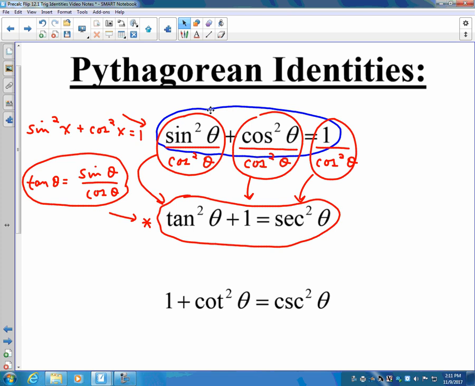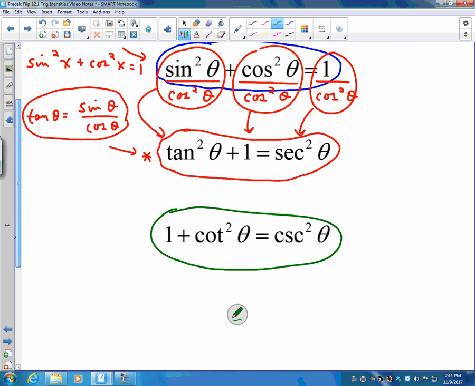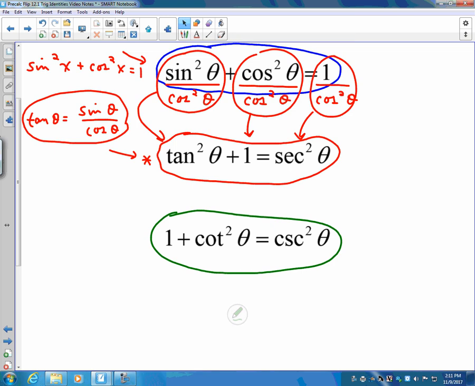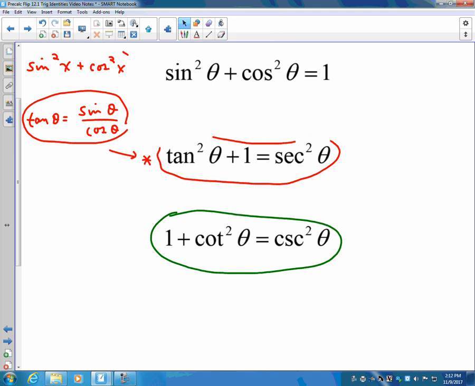All right, and then there's a third one. This third one here, 1 plus cotan squared theta equals cosecant squared theta. That is another one that comes from up above here. So let me just erase this up above here. And let me show you what happens if you divide both sides of this equation, or all three terms, by sine squared, right?